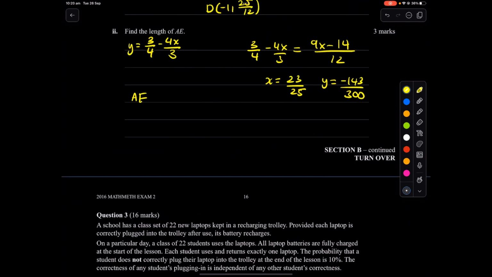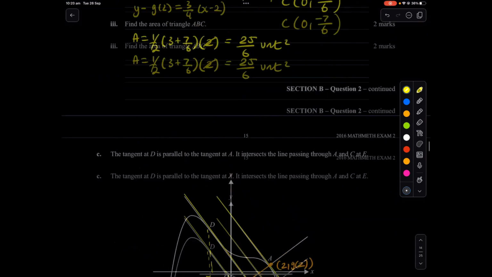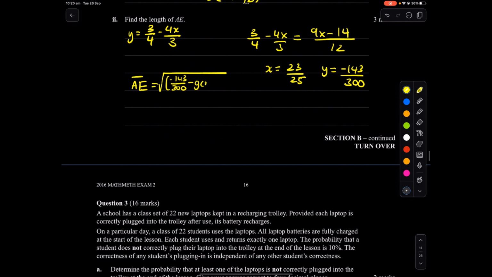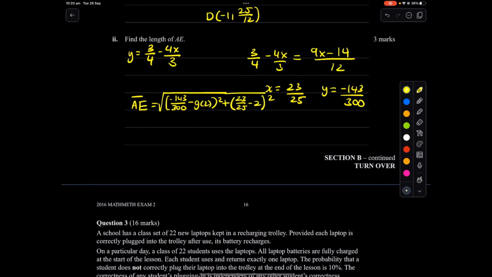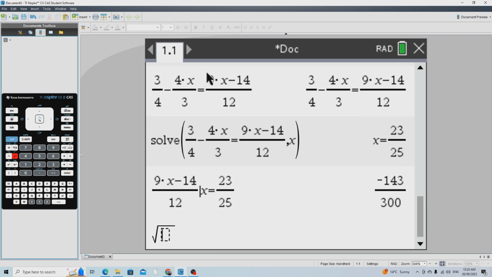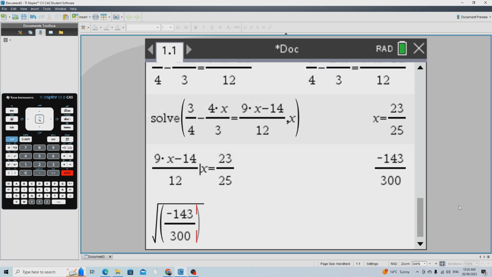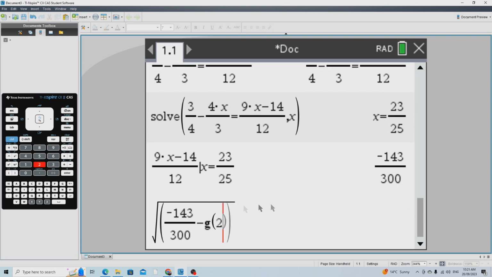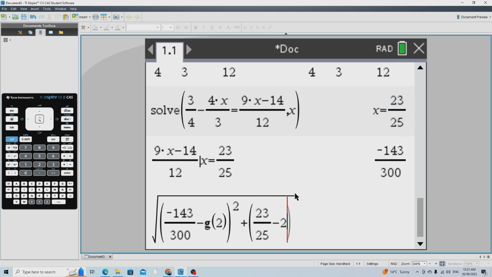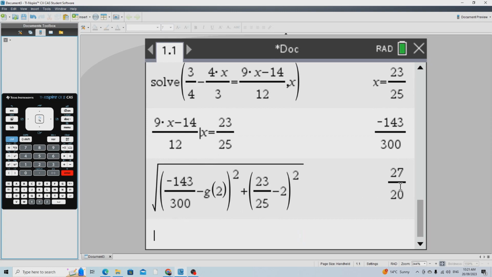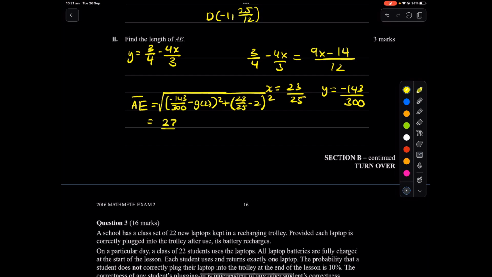The distance AE is negative 143 over 300 minus G of 2, all squared, plus 23 over 25 minus 2, all squared, which gives us 27 over 20. So that's your length, 27 over 20.